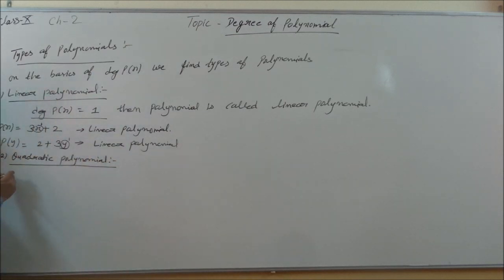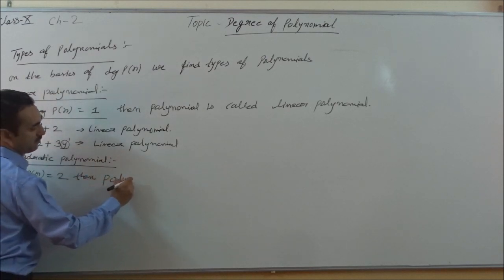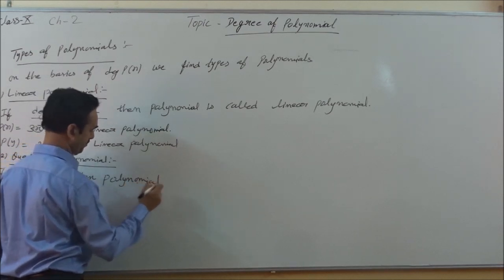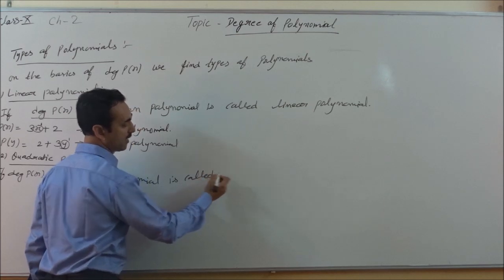So quadratic: if the degree of the polynomial is 2, then the polynomial is called a quadratic polynomial.